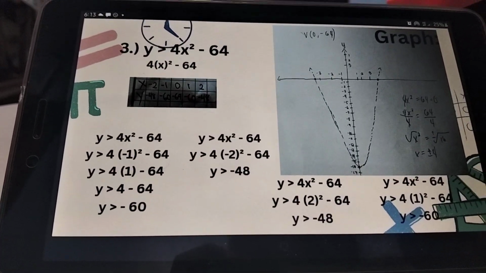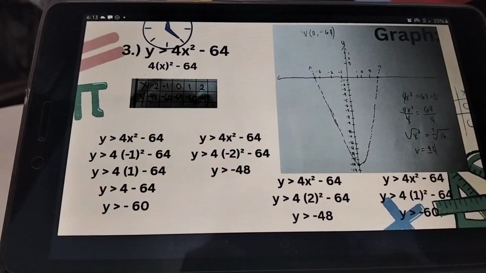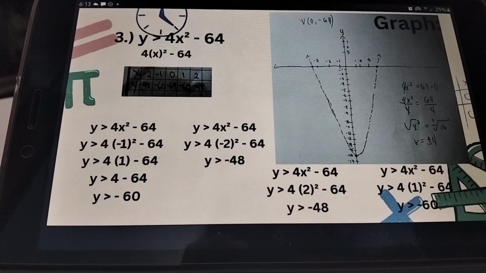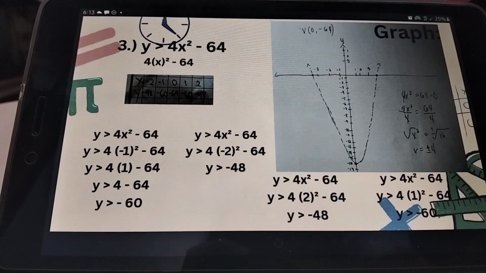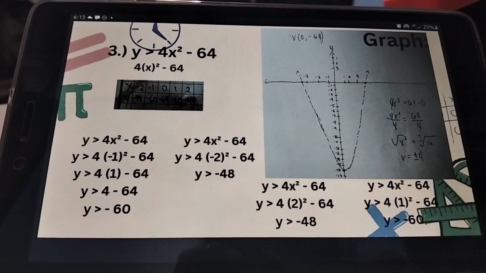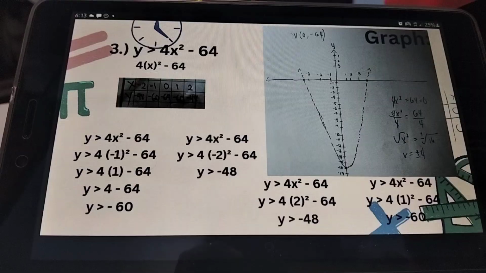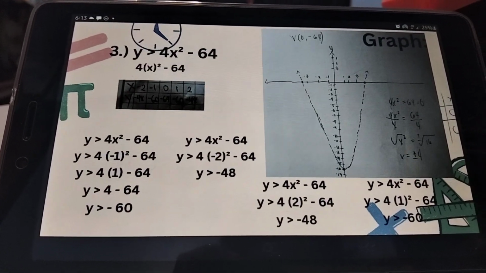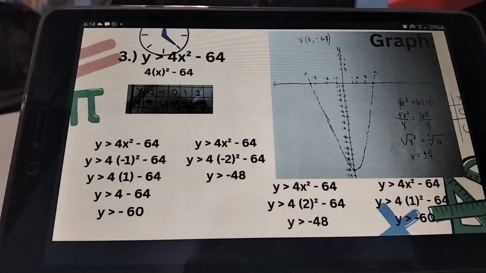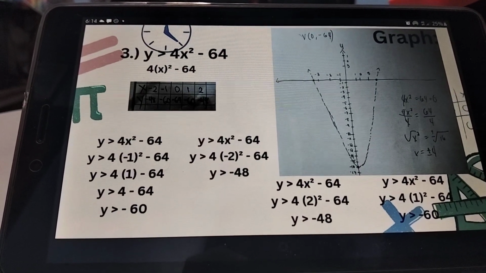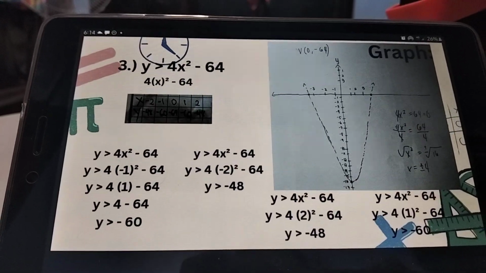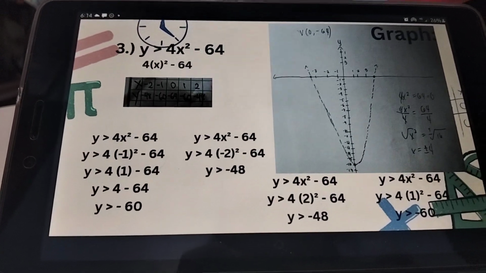When x is equal to negative 2, y is equal to 4 multiplied by 4 minus 64 is equal to negative 48. When x is equal to negative 1, y is equal to 4 multiplied by 1 minus 64 is equal to negative 60.